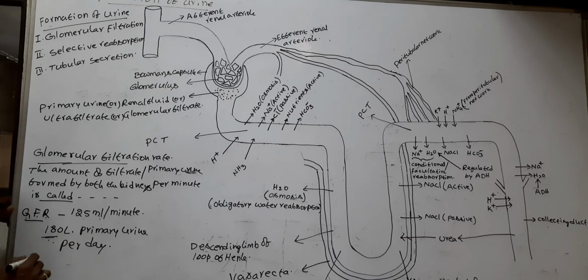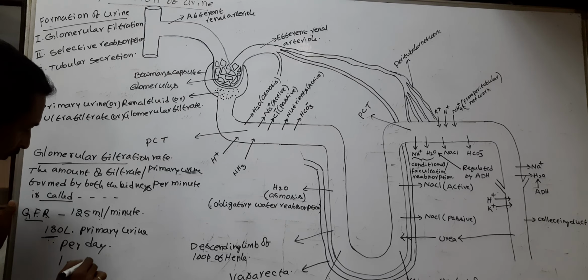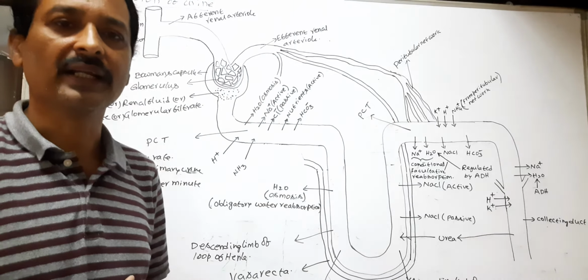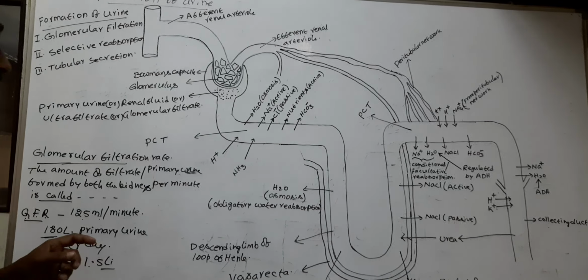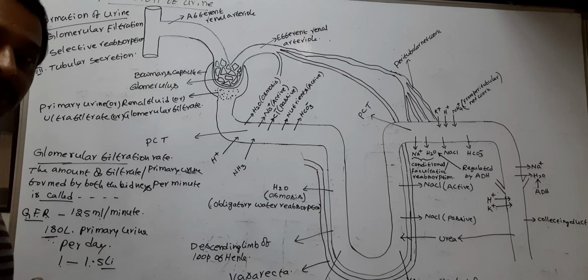But a healthy human being can excrete 1 to 1.5 liters of urine per day. A healthy human being can excrete 1 to 1.5 liters of urine, but both the kidneys form 180 liters of primary urine per day.